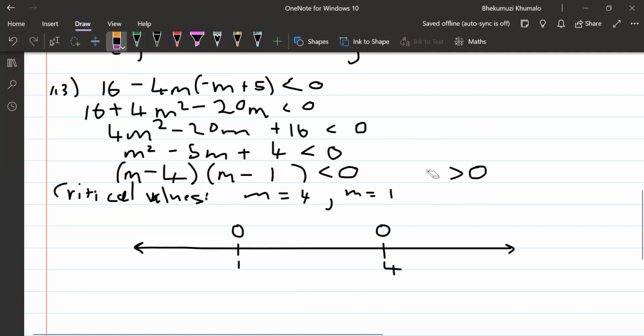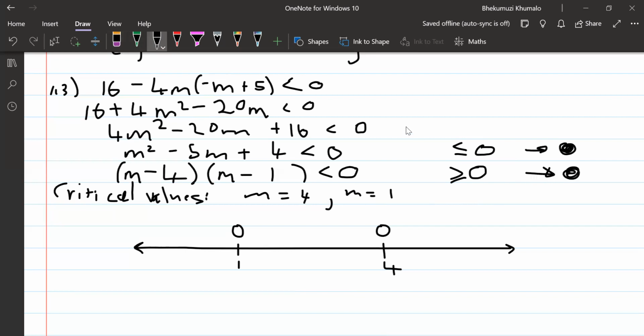But if it is greater than or equal to, and this also applies for less than or equal to, then it's a closed dot. But if it is greater than 0, this would be an open dot. And if it's less than 0, it's still an open dot.